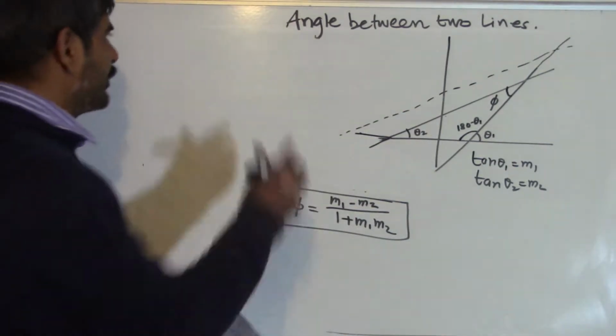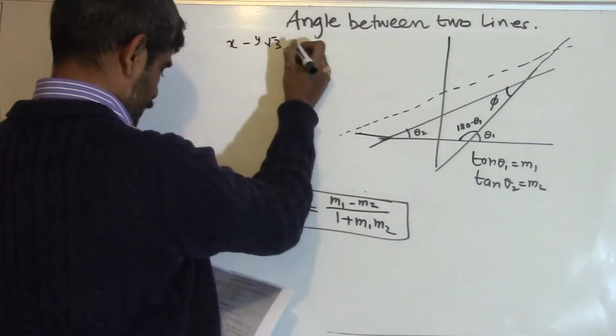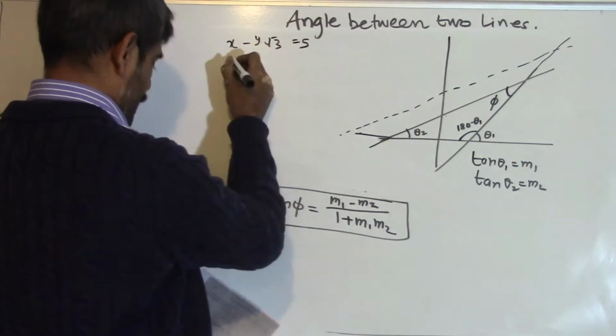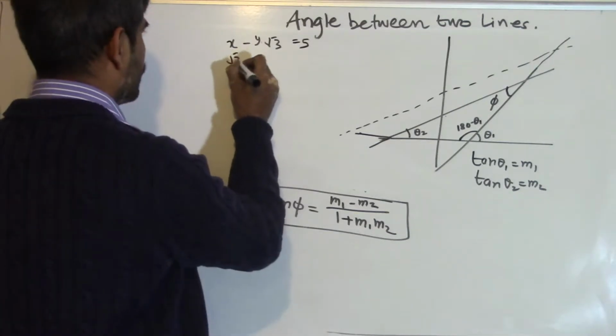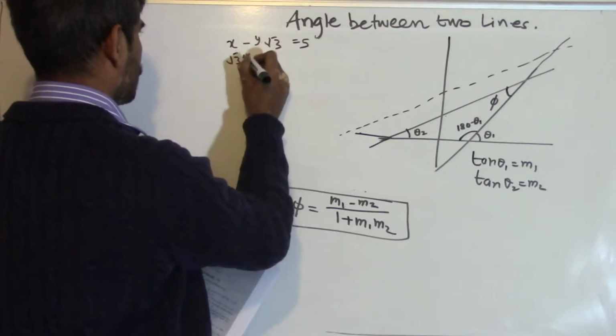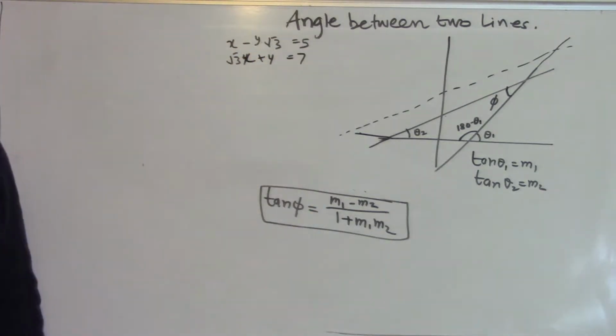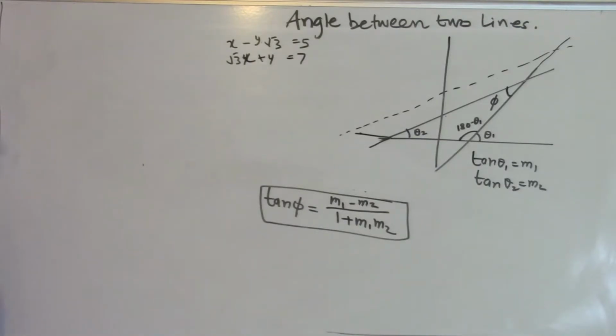So let's say the two lines are given by x minus y root 3 is equal to 5 and x plus y root 3 is equal to 7, and we are required to find the angle between these two lines.